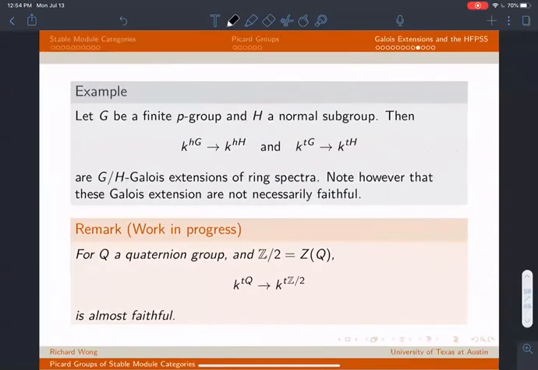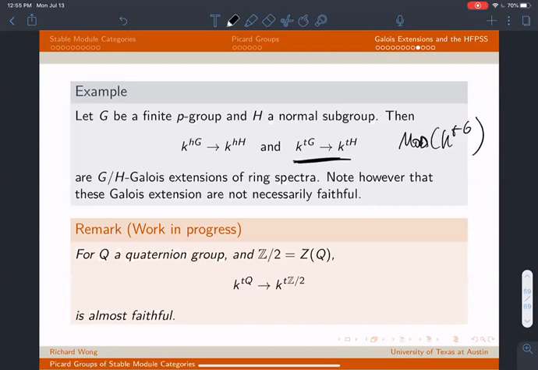So really quickly, another example of Galois extensions of ring spectra is for Tate fixed points. If you have a normal subgroup H of your finite p-group G, then this is a G/H Galois extension of ring spectra. And this is good for us because we want to compute modules over the G Tate fixed points.